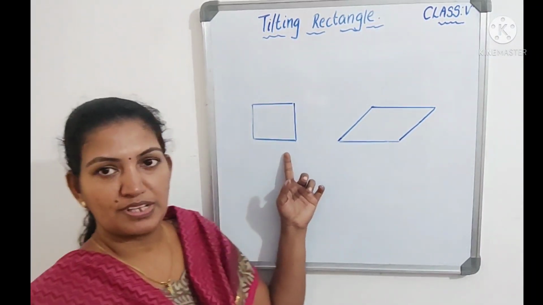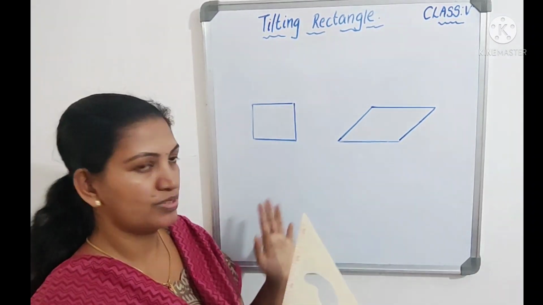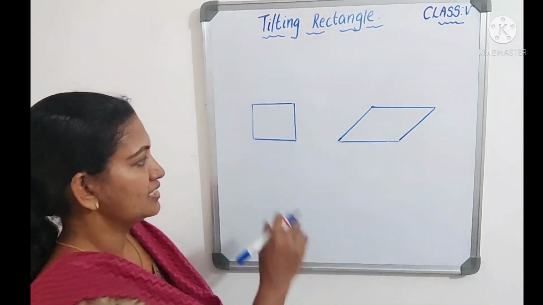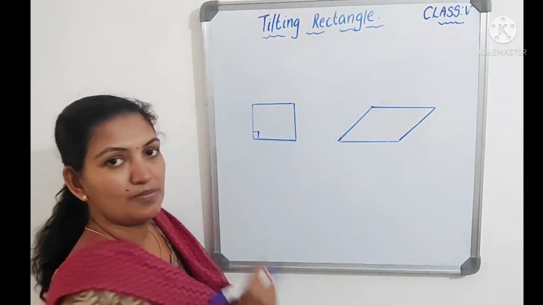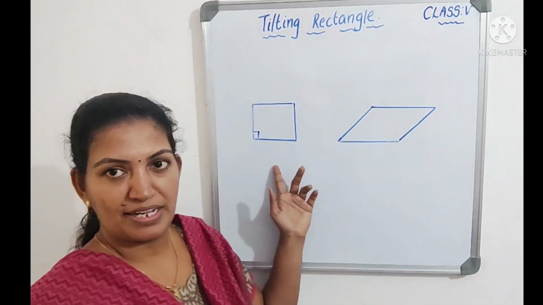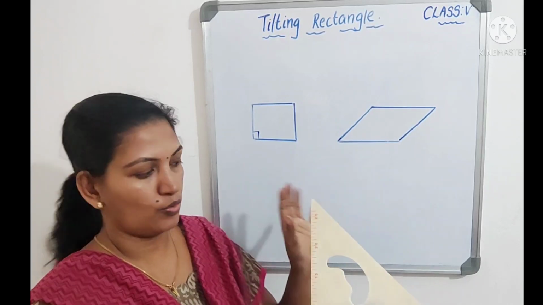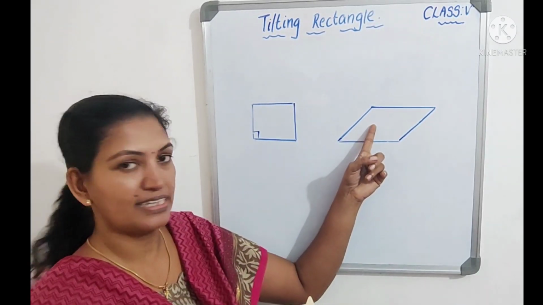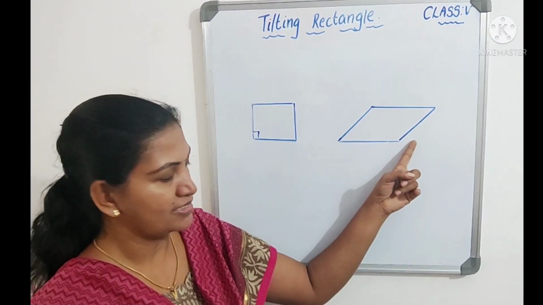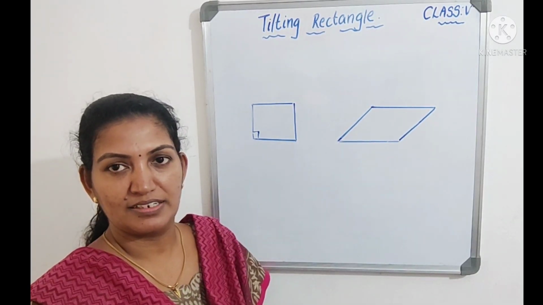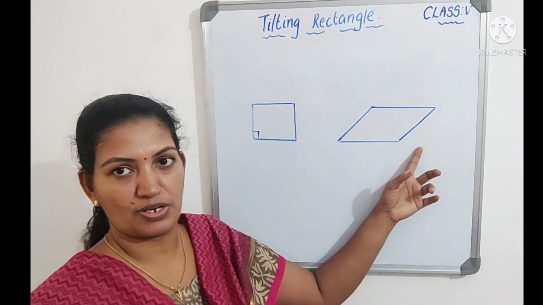So in this picture we are using the square corner and in this picture we are using the other corner of the set square. When you use the square corner, we get straight up lines. When you use the other corner of the set square, we get a slanted line. See, this left side and the right side both are slanted. Did you understand the difference when you use the square corner and the other corner?